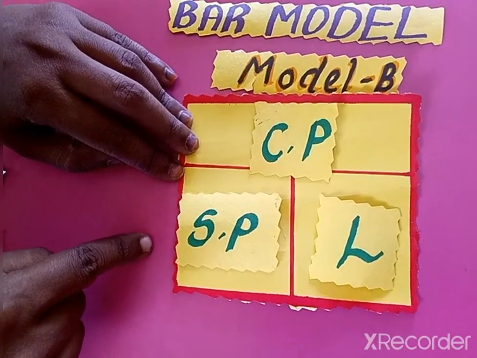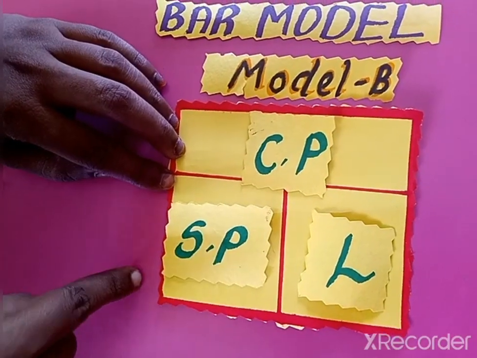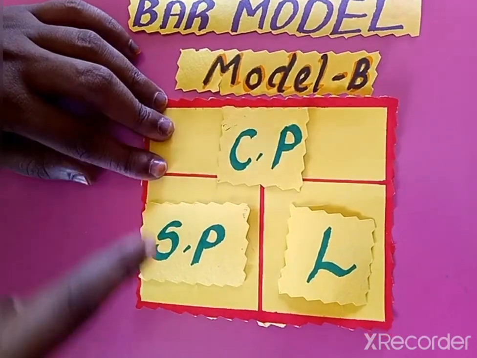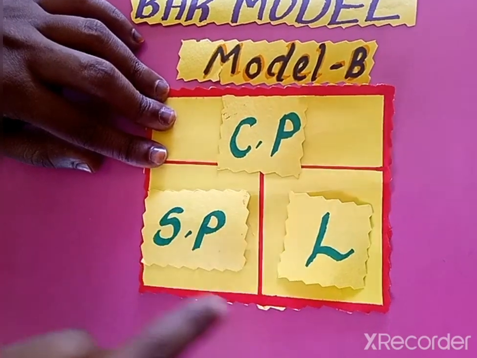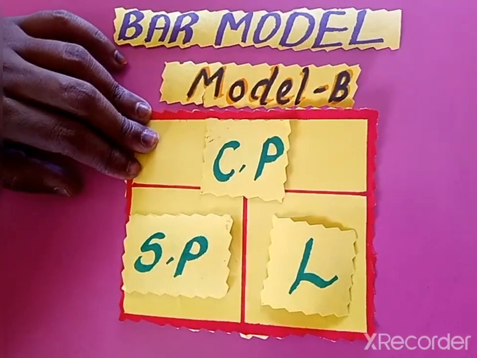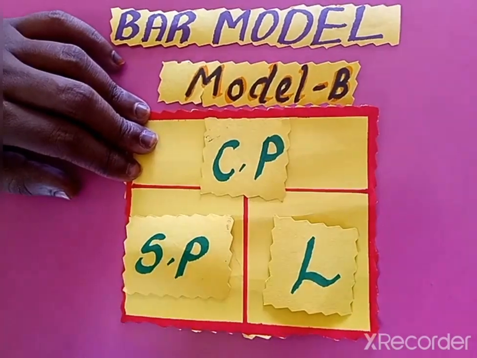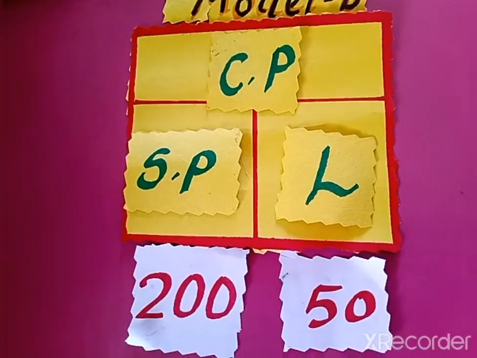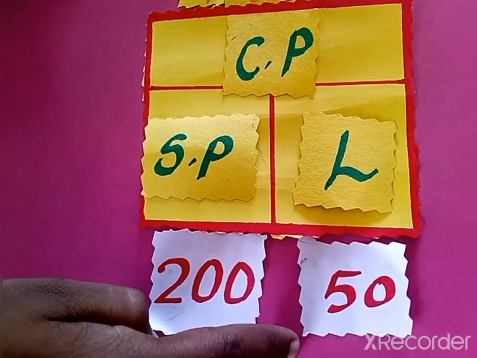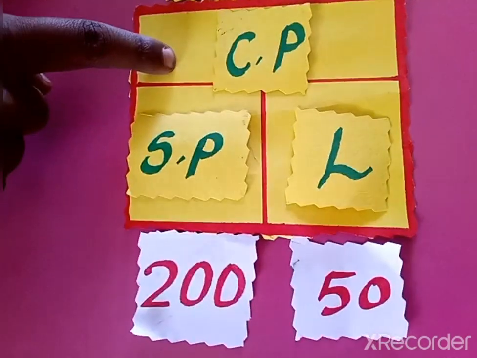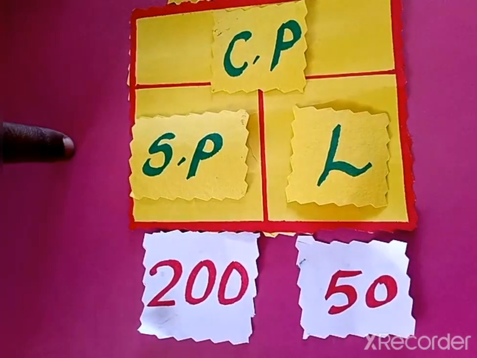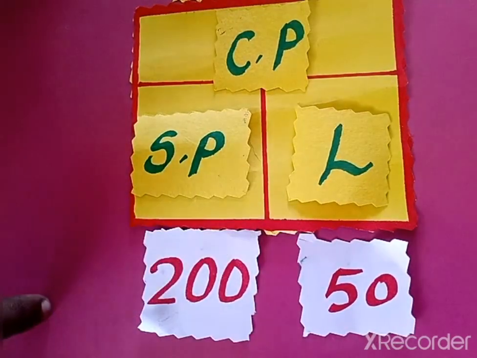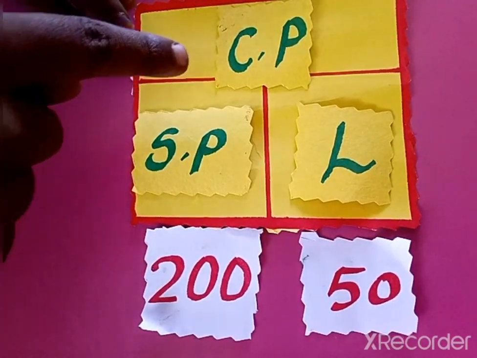Now this bar model is for loss, when it is loss. That time I said cost price will be bigger, and in the parts we will have selling price and loss. Now for example, my selling price is 200 and the loss amount is rupees 50. Now I need to find my cost price. So what should I do here? To get the whole number I need to add the parts. So what formula can you create here?